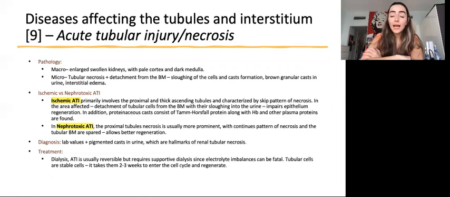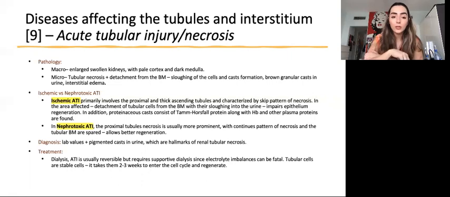You also have detachment of the tubular cells from their basement membrane, and they're sloughing off into the urine, impairing epithelial regeneration, and also proteinaceous casts composed of a protein called Tamm-Horsfall protein with hemoglobin and other plasma proteins are found in the urine.